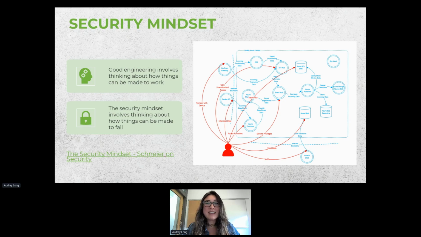This type of thinking is not natural for most people. It's not natural for engineers. Good engineering involves thinking about how things can be made to work. The security mindset involves thinking about how things can be made to fail. It involves thinking like an attacker, adversary, or criminal. You don't have to exploit the vulnerabilities you find, but if you don't see the world that way, you'll never notice most security problems.